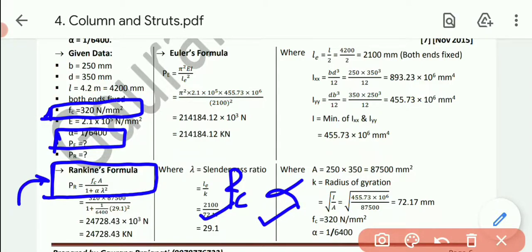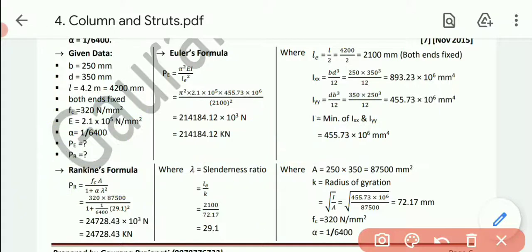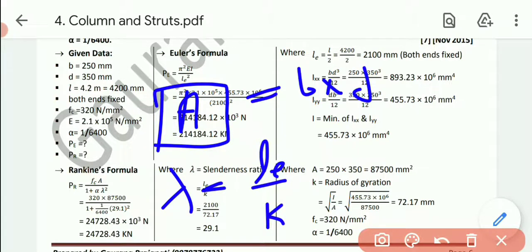Now the unknown parameters will be area and lambda. These are the two we need to solve to use Rankine's formula. Area we can easily get for a rectangle section, that is B cross D. For lambda we need the slenderness ratio, LE by K. LE we already have.